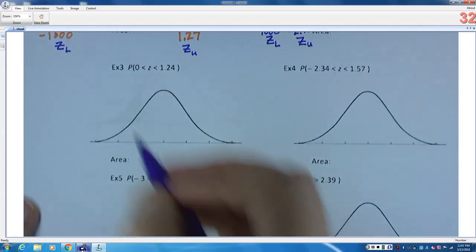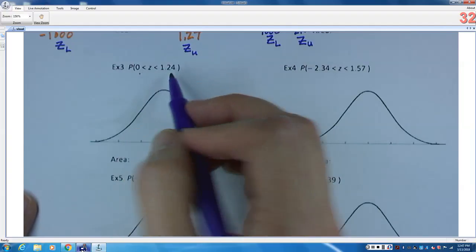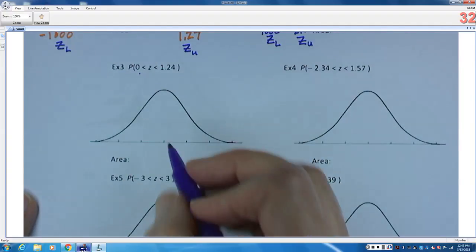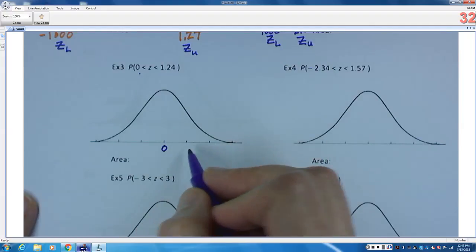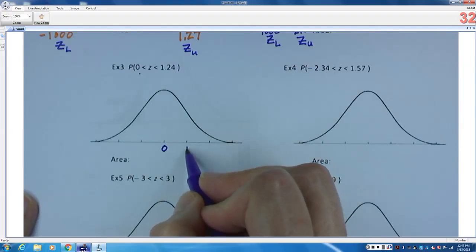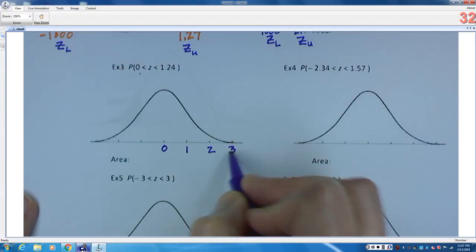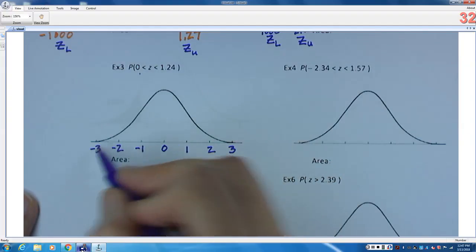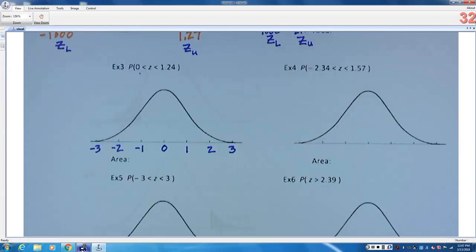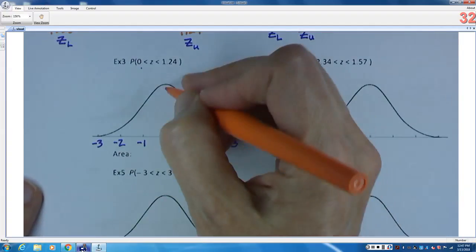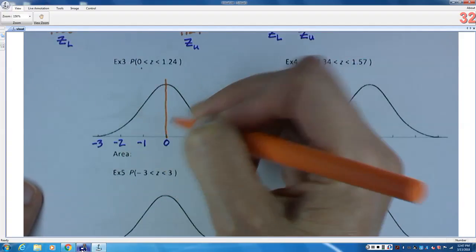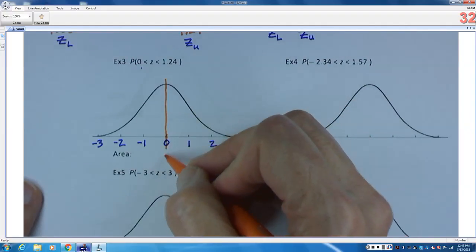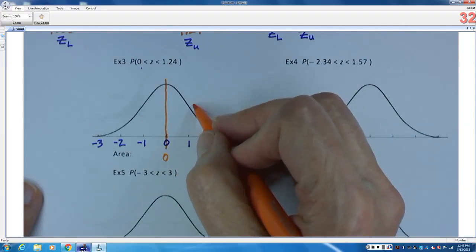Okay, so this is find the probability that Z is between 0 and 1.24. So again, this is the standard normal curve. The mean is 0, and the standard deviation is 1, so you add 1 going up, and you got about 3 marks each way. If I want to, I use a different color between, so make a line at 0, and a line at about 1.24.